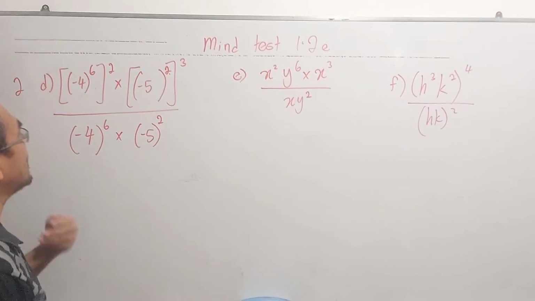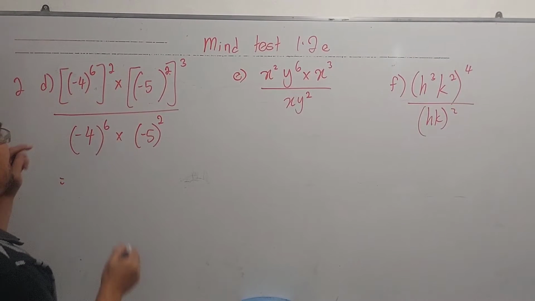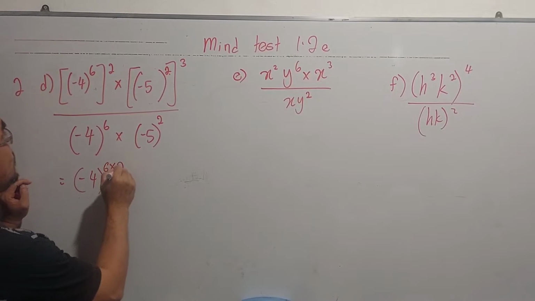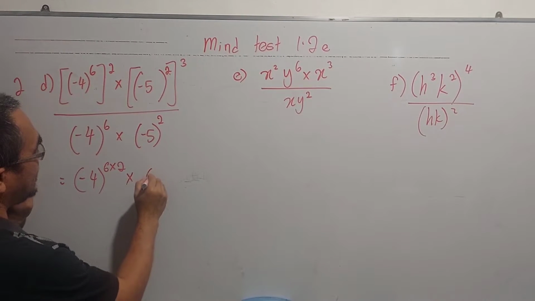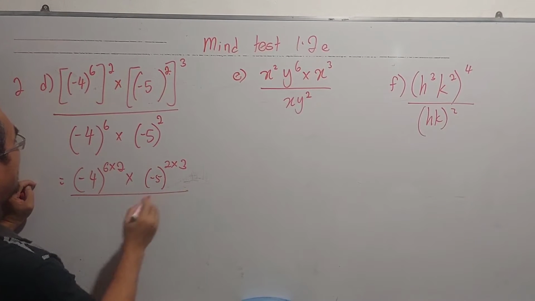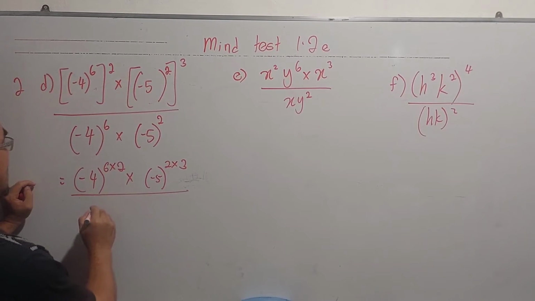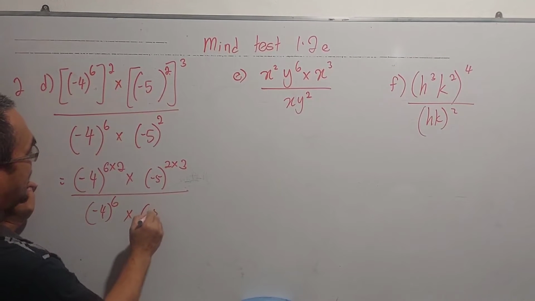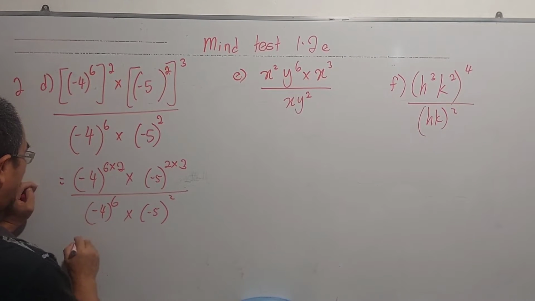Okay, so here will be negative 4 inside bracket, and then 6 times 2. Similarly with negative 5, 2 times 3. Then here is negative 4, power of 6, and negative 5 to the power of 2.